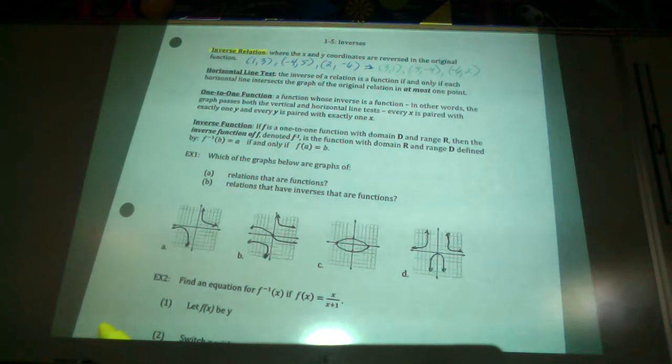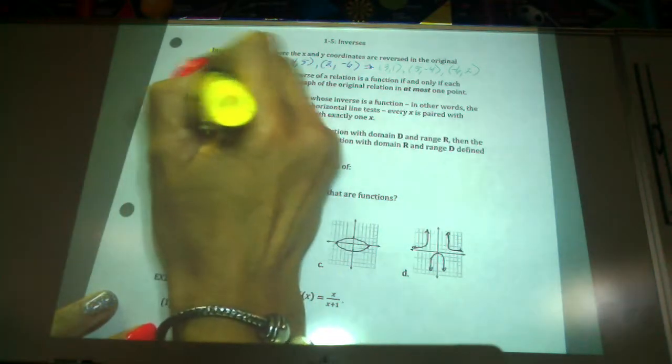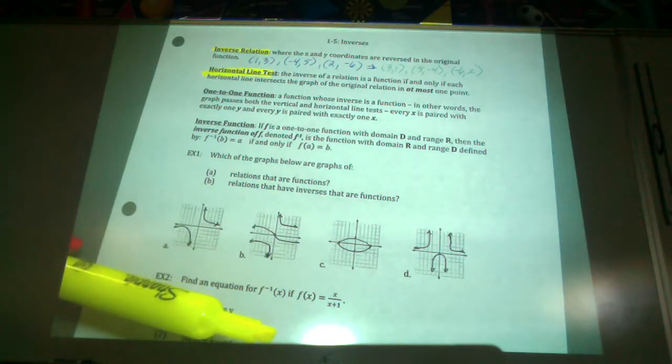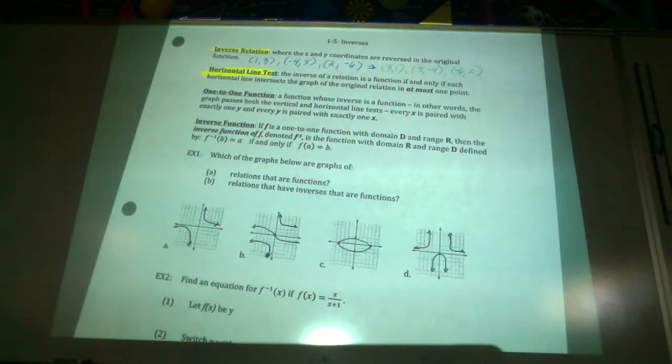If the graph touches it more than once at any point, it's not a function. Same thing for the horizontal line test, but this time I'm holding my line horizontally through a graph. And it's through the original function's graph, or the original relation graph. If my graph passes that horizontal line test, the inverse of that relation, the switching of the x and the y, will be a function.